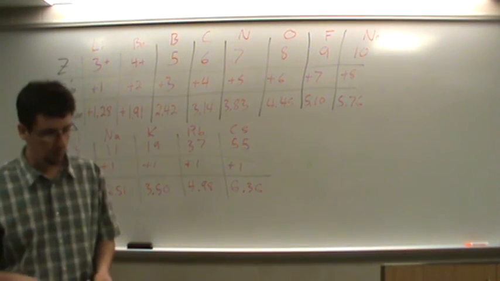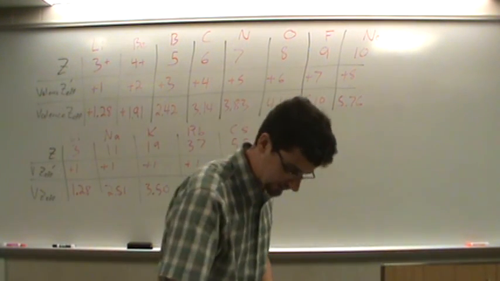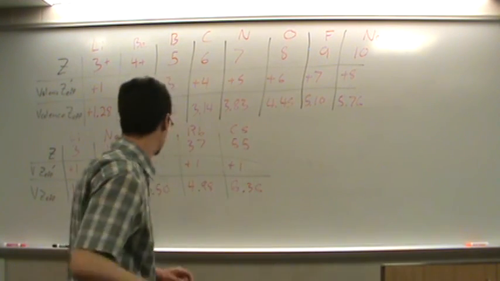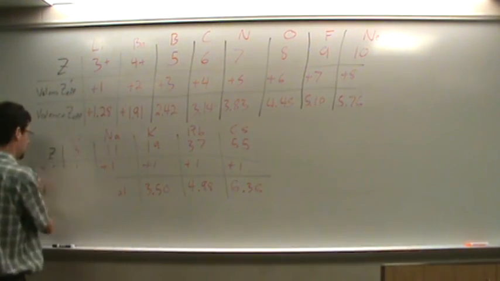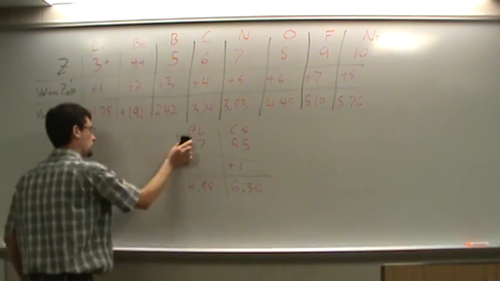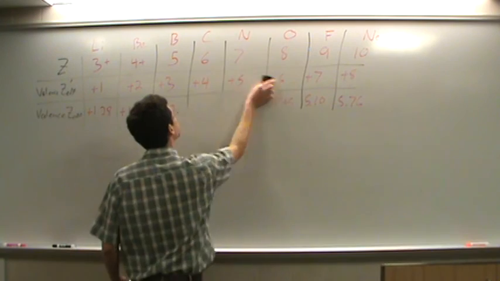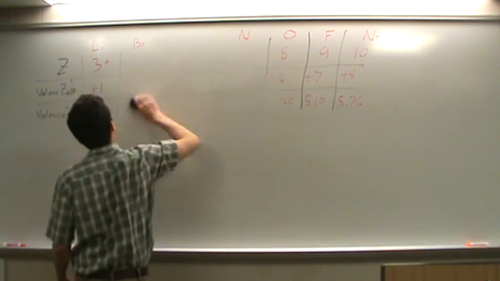All right, so what do we see as a periodic trend? Well, this is our periodic trend. As we go down the periodic table, Z effective is going to increase.